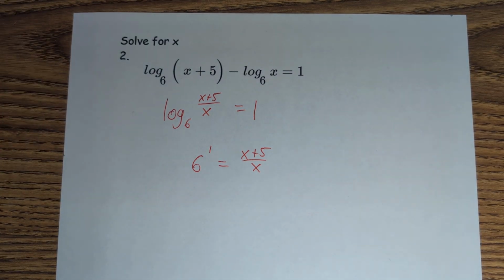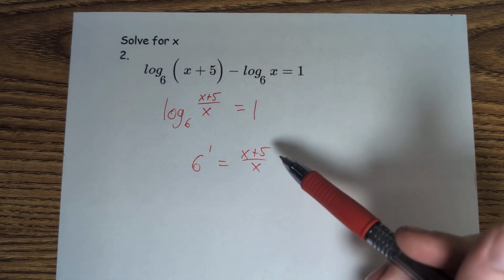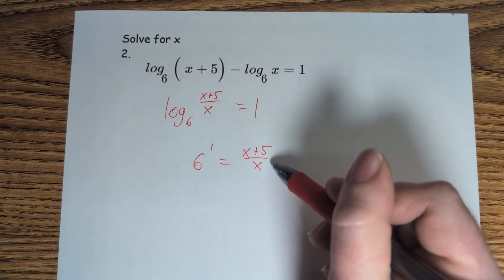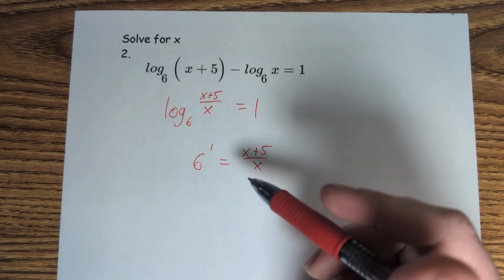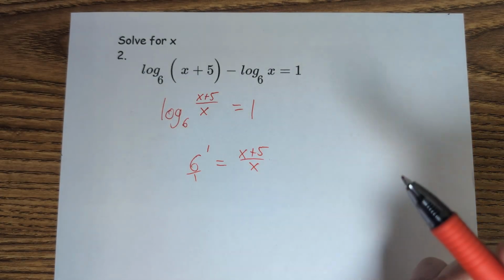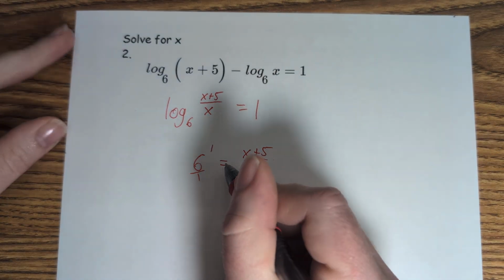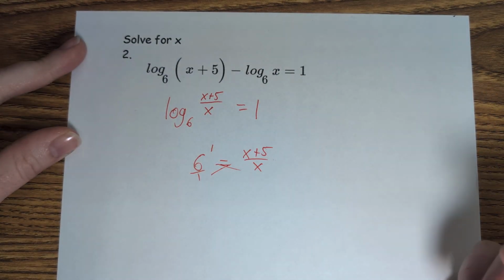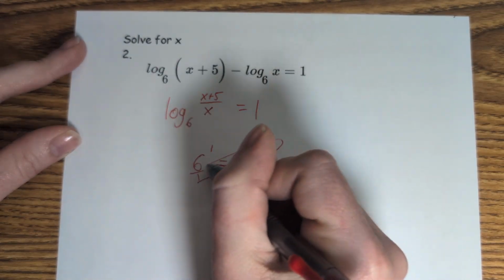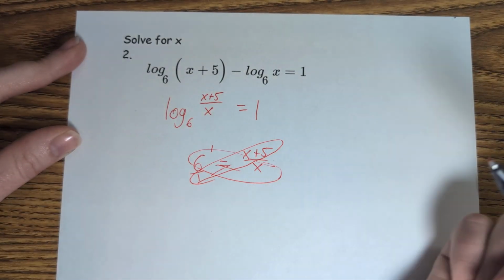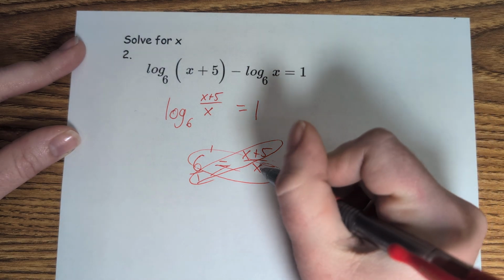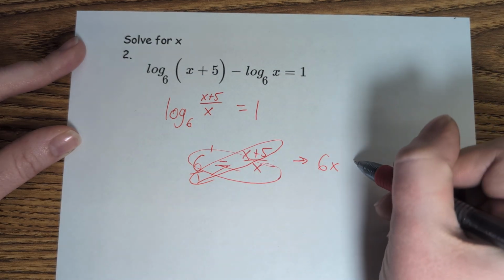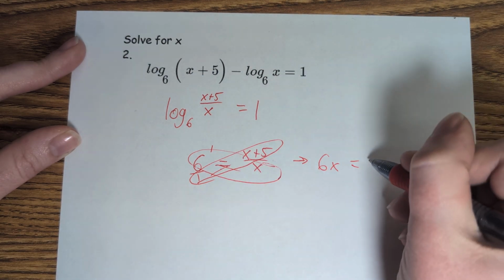Well, that's doable. We've got a couple different ways we can think about this. I need to get rid of this fraction. I could just multiply both sides by x. I could also think of this as 2 fractions, and I could cross multiply, or as my Algebra 1 students sometimes call it, the butterfly method. Either way, that's going to lead me to 6 times x on one side and then x plus 5 on the other.